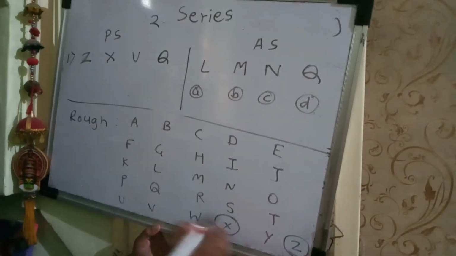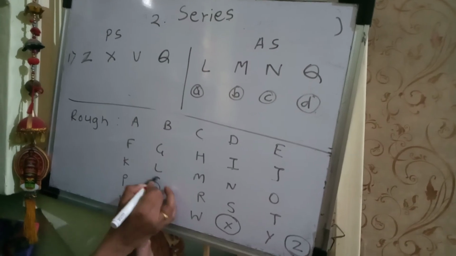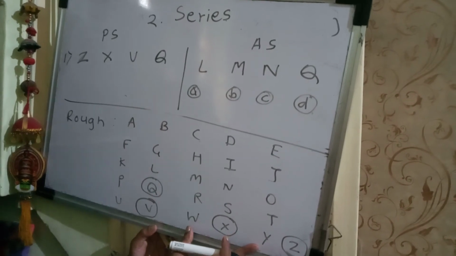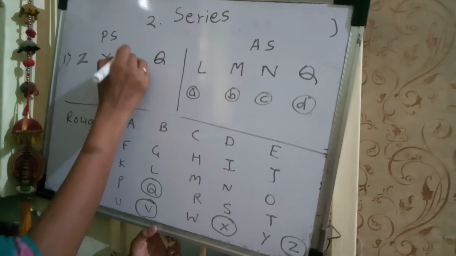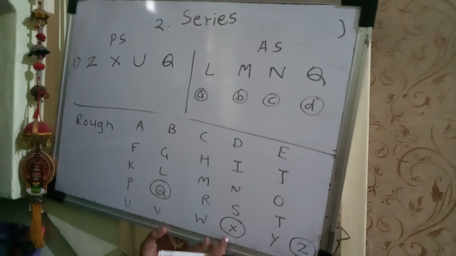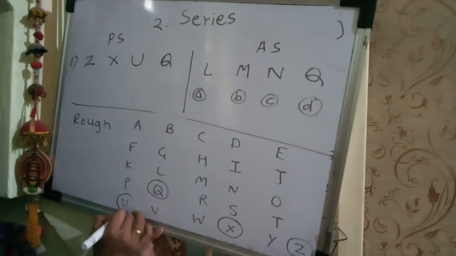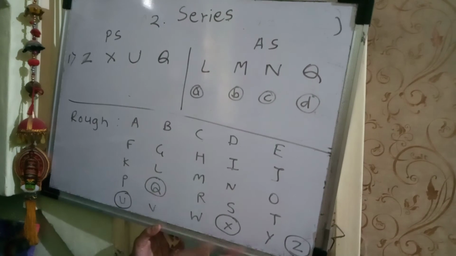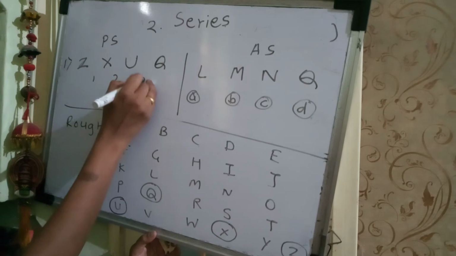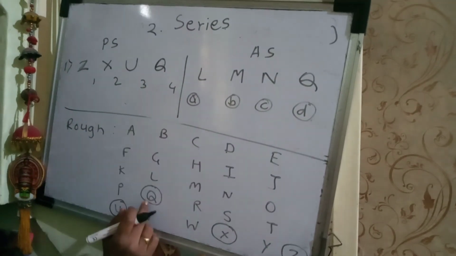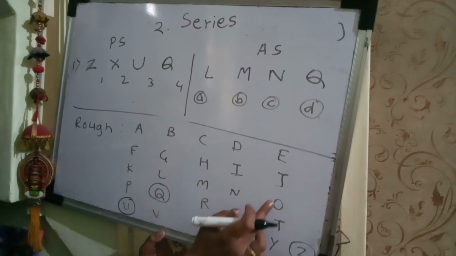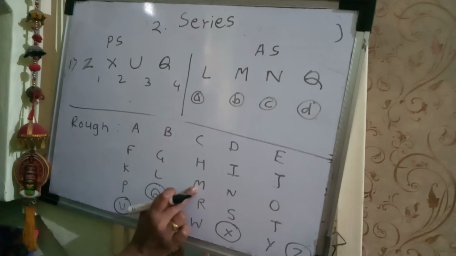X, then U, and Q. Z, X, U and Q, means 1, 2 and 3. Now 4. After Q, which character will come at the fifth place? So 1, 2, 3, 4. What will come? L.